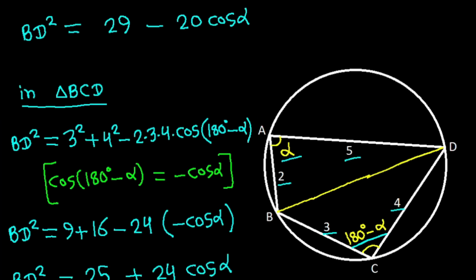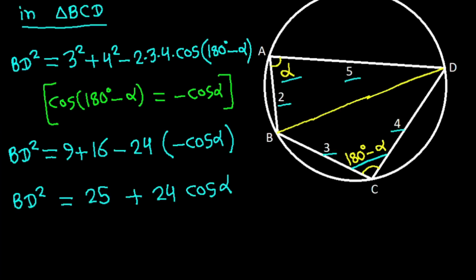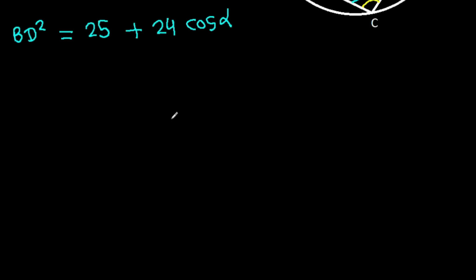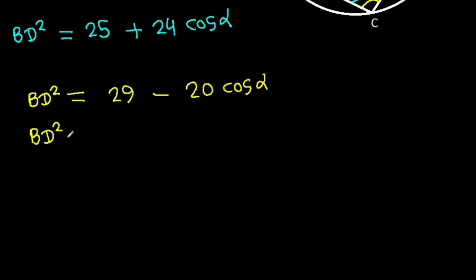and we have BD square is 29 minus 20 cos alpha, and we have BD square is 25 plus 24 cos alpha.